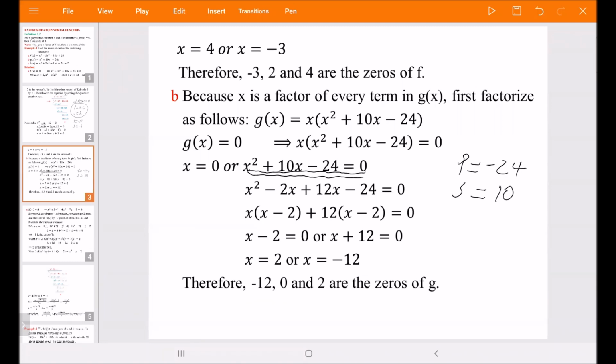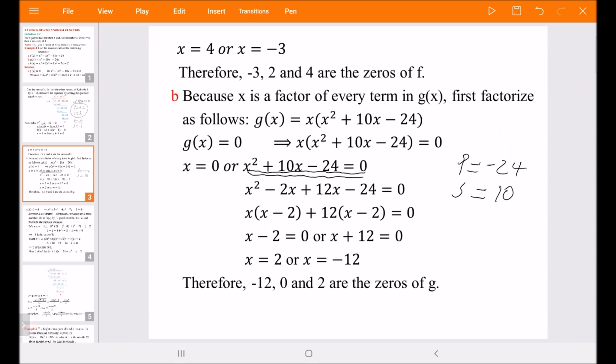If you are trying to remember this method, then what you do is list the factors of 24: plus or minus 1, plus or minus 2, plus or minus 3, plus or minus 4, plus or minus 6, plus or minus 8, plus or minus 12, plus or minus 24. From among these factors, if there are two factors of 24 that, when multiplied together, give negative 24 and obtain a sum of 10, then the middle term will be substituted by those two integers. Now the two integers exist.